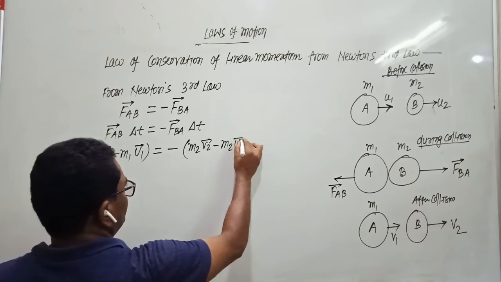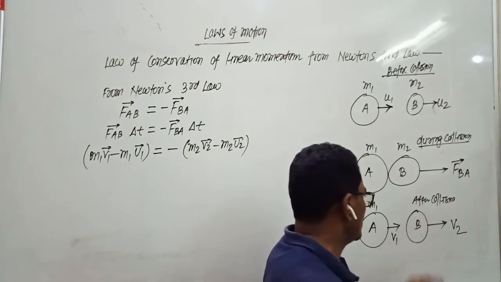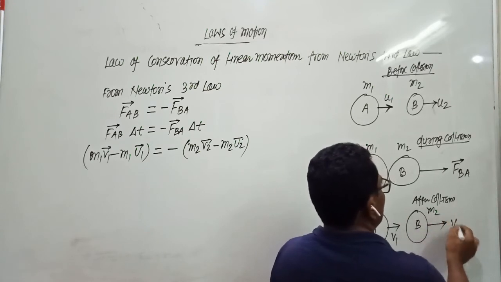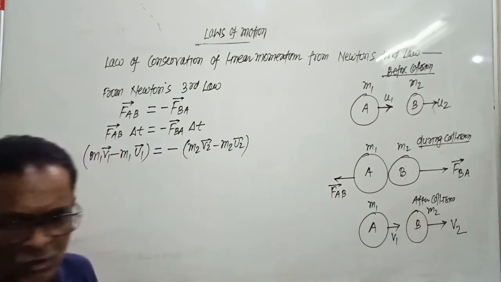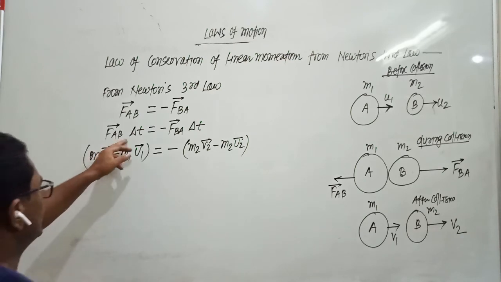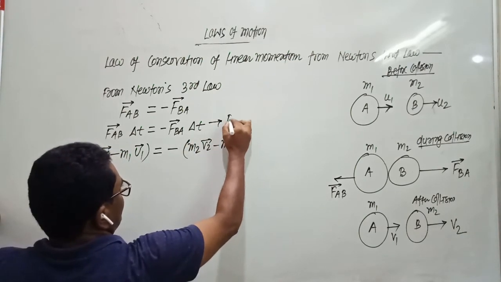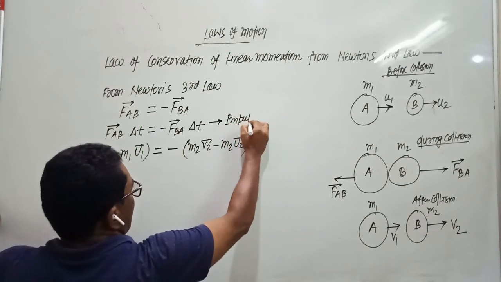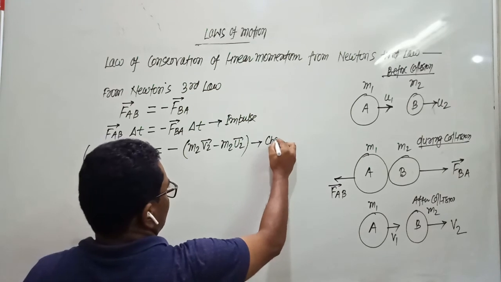The final momentum of body B is m2 v2, and the initial momentum of body B was m2 u2. F into delta t, this is impulse, and we know impulse equals change in momentum.